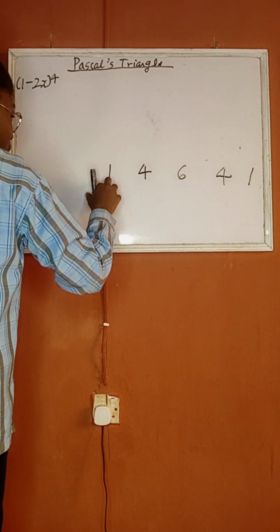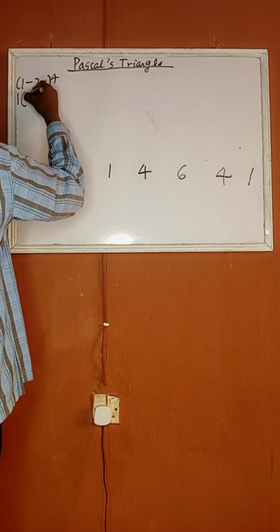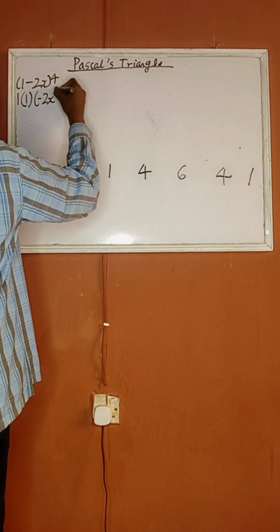So we start by putting 1 times this 1 here, and then times minus 2x.